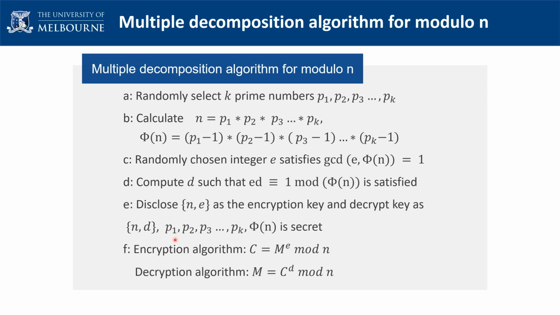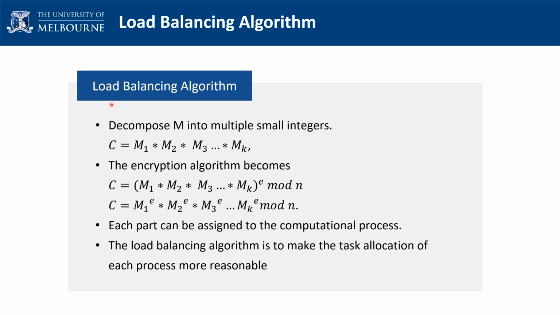P1 to Pk and phi n are secrets. And last, we will get the encryption algorithm and decryption algorithm. Multiple decomposition algorithm for modular n can improve the key generation phase, which improves the key generation speed and reduces the algorithm execution time. The second algorithm is load balancing algorithm.